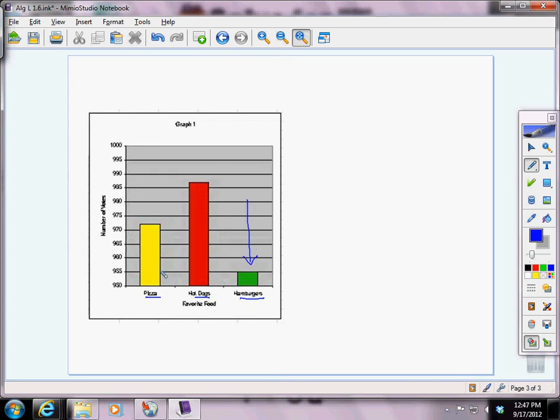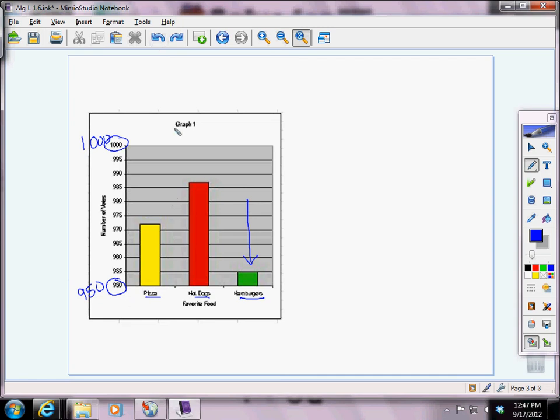But what we have to be careful of when we're looking at graphs is we've got to pay attention to certain things. For example, if you look here, our data starts at 950 and goes to 1,000. There's no bar break or anything that says that we skipped all those numbers up to 950.